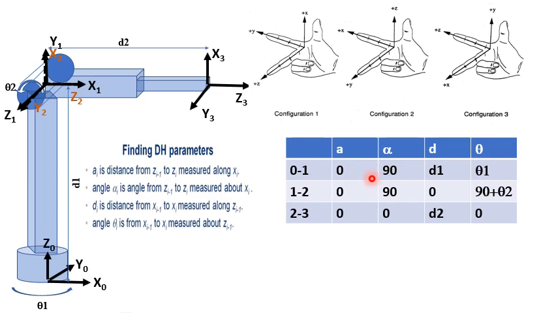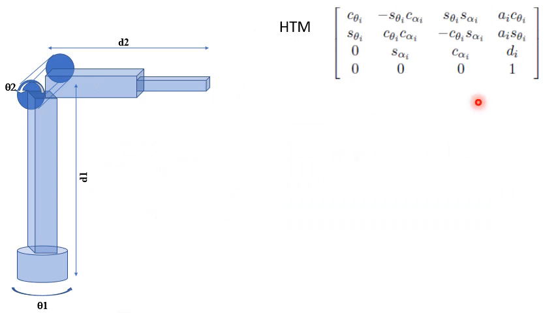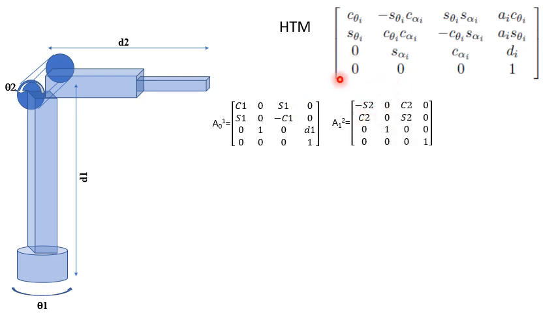Once you have this DH table, we are ready to derive the homogeneous transformation matrix by using this formula. So this is our homogeneous transformation matrix for individual transformation. For A01, we put the theta 1, alpha 1, and d1 values here, and then you get this transformation matrix. Then A12 is as follows, and A23 as follows.